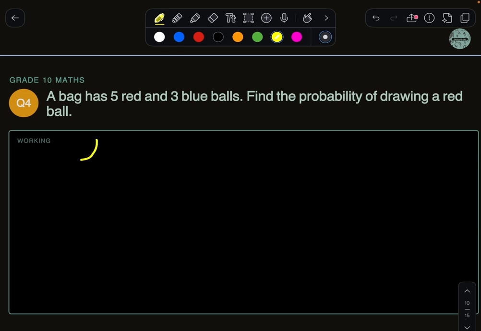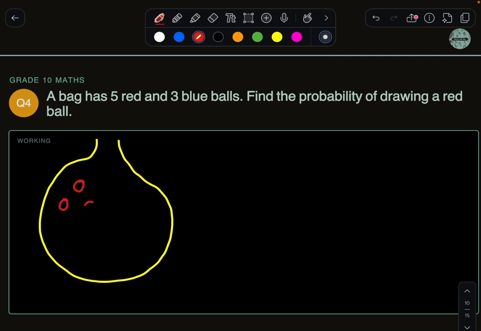As an example of the kind of question you might be looking at, so a straw bag has 5 red balls and 3 blue balls. Find the probability of drawing a red ball.